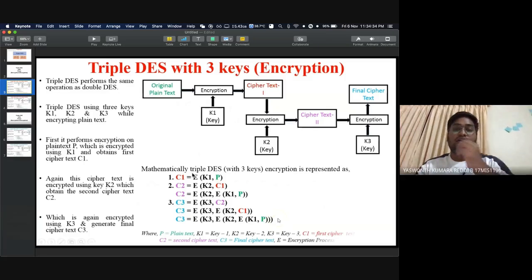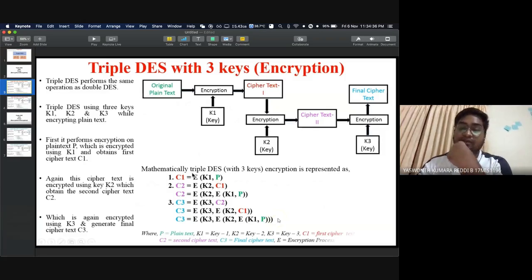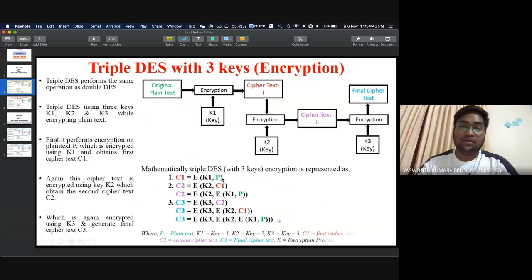Mathematically, triple DES with three-key encryption is presented as the equation C1 equals E of K1, P. First it performs encryption on the plaintext, encrypted using K1, and obtains the first ciphertext C1.